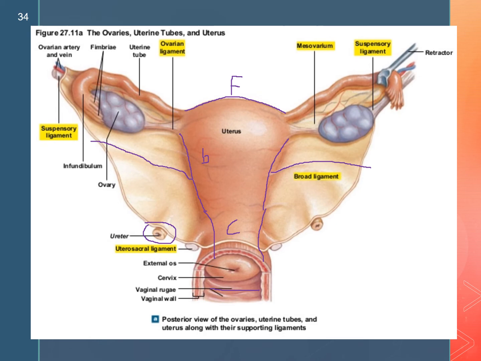Now the uterus is about the size of a pear, however it grows to 500 times its size to accommodate the developing fetus inside. Now, a condition that can occur with the uterus is called endometriosis.